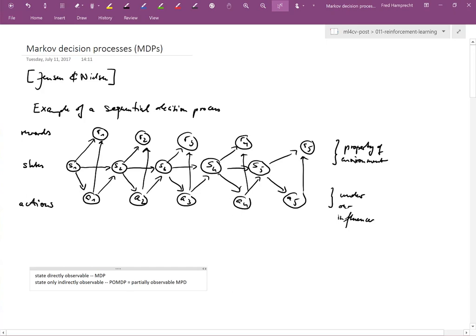So we have here a sequence of 5 time steps. At each time we have a state. At each time we can take an action. The action will produce an immediate reward, positive or negative, but it will also impact how the state evolves over time. So the state at time 2 is a function of the state at the previous time, but also of the action we took, and then the same pattern goes on and on.